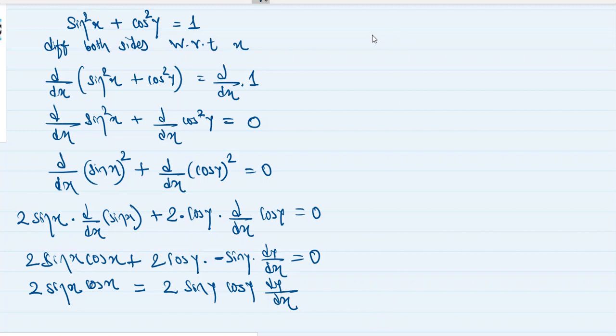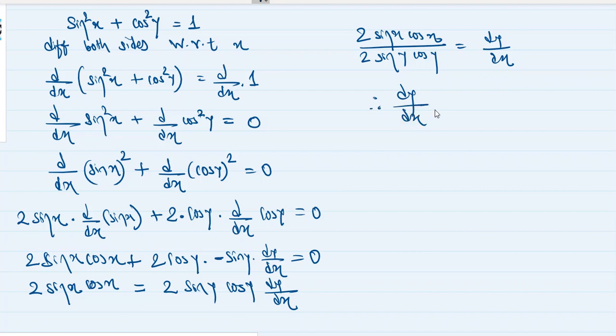Now 2 sine x cos x upon 2 sine y cos y is equal to dy by dx. dy by dx stays here, 2 sine y cos y goes into the denominator, so dy by dx is equal to sine 2x upon sine 2y, that is the value of dy by dx.